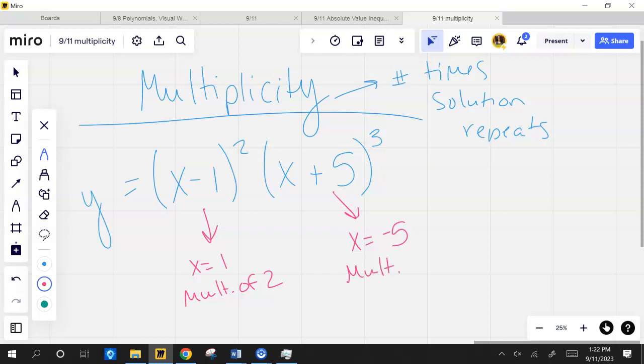Does everybody see where multiplicity is coming from? I'll give you a second to copy it too. So it's how many times it happens, right? And maybe even if I had an x to the 10th here, this is 0 with multiplicity of 10.